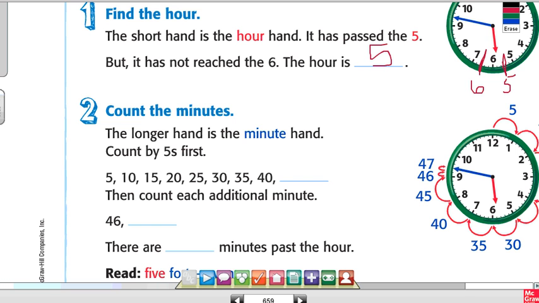So I went, this is 5, 10, 15, 20, 25, 30, 35, 40, 45, and then 2 more spaces, 46, 47. So how many minutes past the hour? 47.